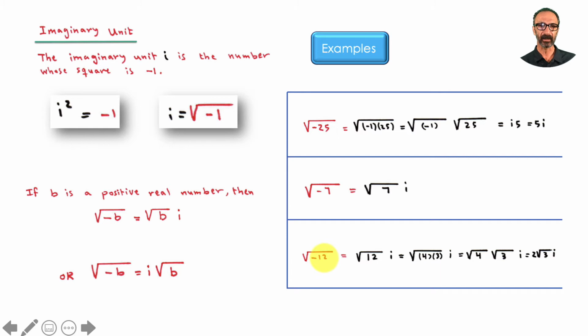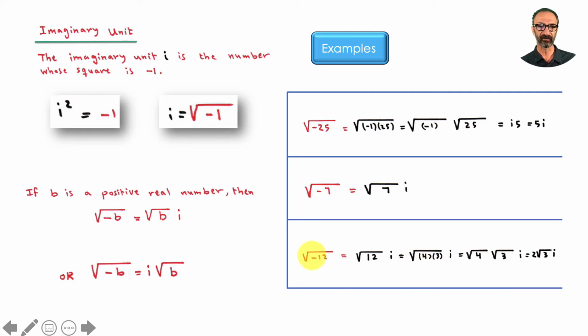Now 12 is a little bit different than 25 and 7. 25 was a perfect square, and 7 was not at all. 12, if you break it down, is 4 times 3. 4 is perfect and 3 is not. By perfect I mean perfect square. Square root of 4, square root of 3.